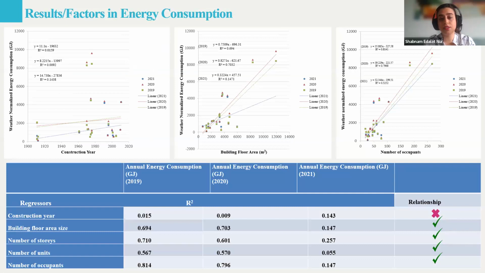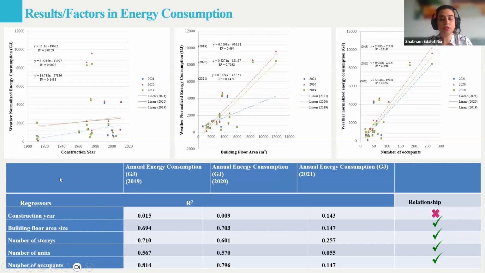Following this section, I ran some single regression analysis to investigate the relationship between building energy consumption and various factors such as construction year, building area size, number of stories, number of units, and number of occupants. The result shows that there is a relationship between annual energy consumption and building floor area size, number of stories, number of units, and number of occupants.